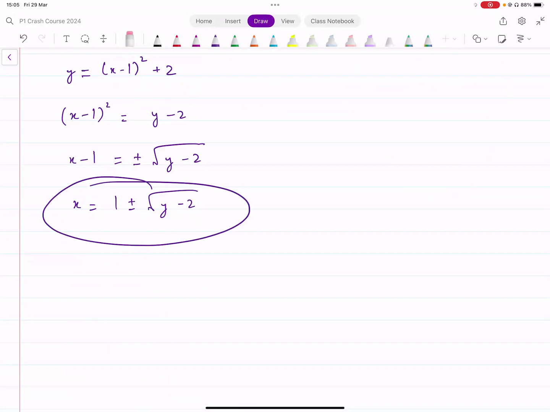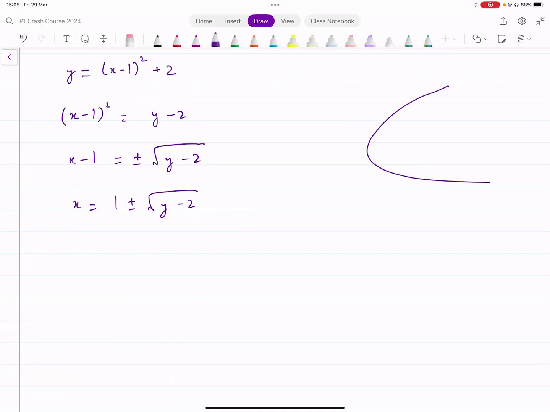This result that you have gotten here, the graph of this thing looks something like this. The graph of square root function with plus minus has a shape like this. Now this is not even a function, right? Because it's one to many. One value of x here can give me this value of y, this value of y. It's not even a function.